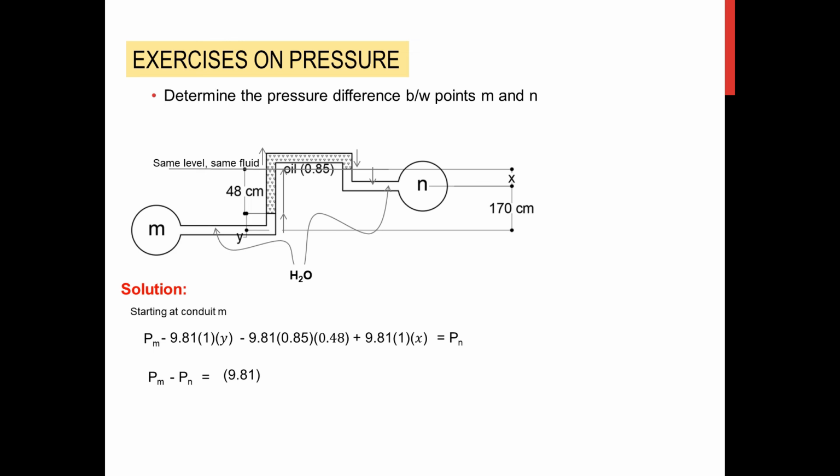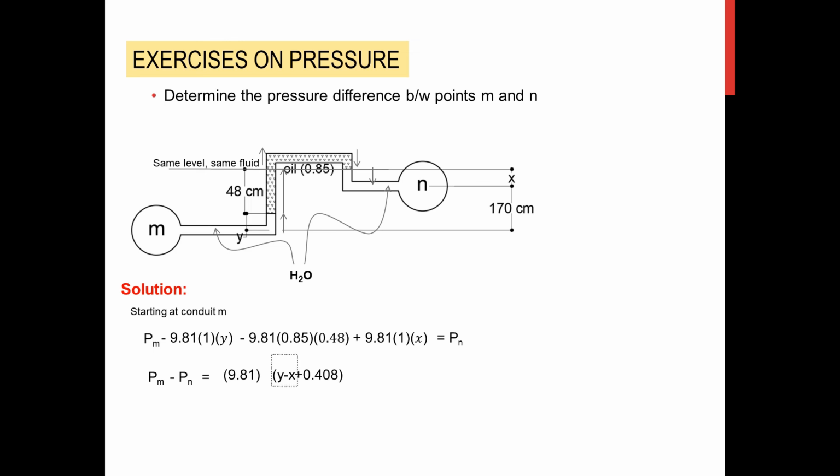Transposing all of the terms on the right side and factoring out 9.81 will come up with y minus x plus 0.408. So 0.408 is the product of 0.85 times 0.48.